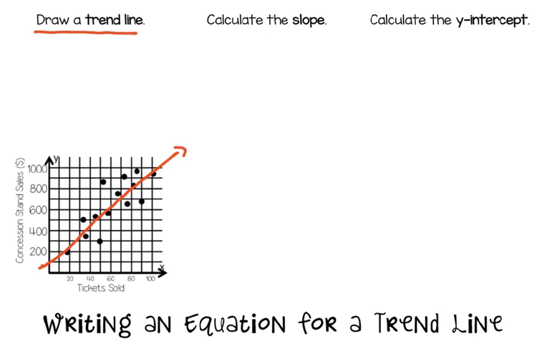We need to then find our slope and our y-intercept. For me, it's easier to find the y-intercept. So I'm going to come over here and take a look. And on my trend line, I crossed at 100. And now I'm going to work to find my slope.